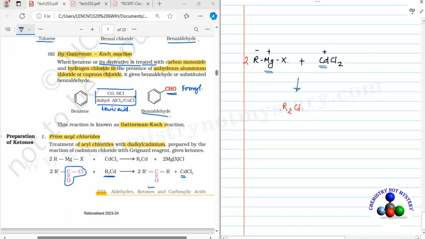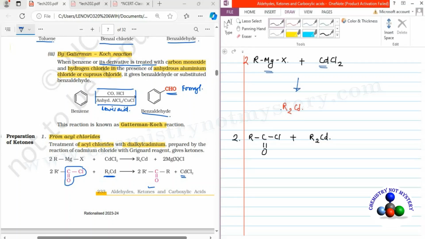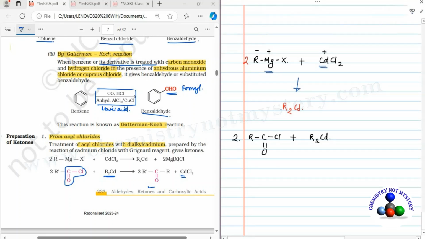When this dialkyl cadmium reacts with acyl chloride, Cl is removed in the form of CdCl2. So when acyl chloride, this is C double bond O Cl, reacts with dialkyl cadmium, here again you require two molecules, as we are going to remove chlorine in the form of CdCl2.